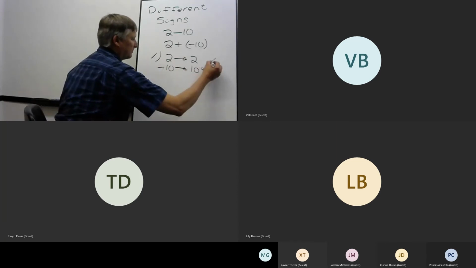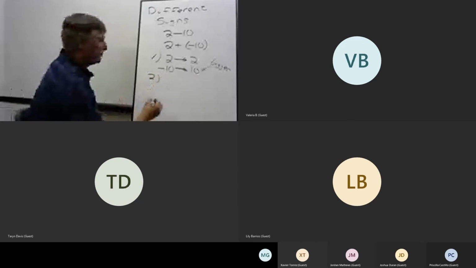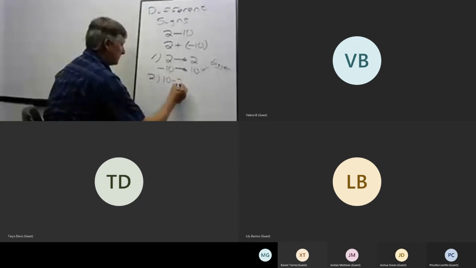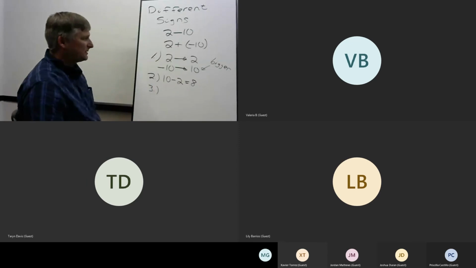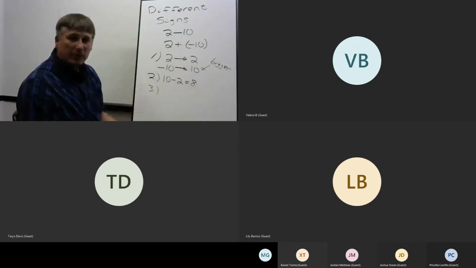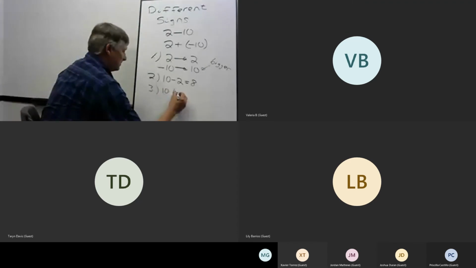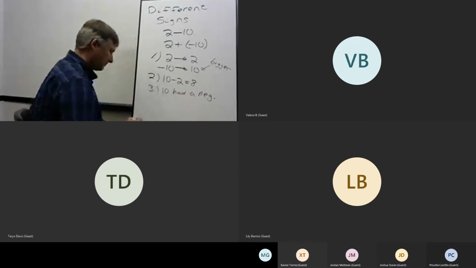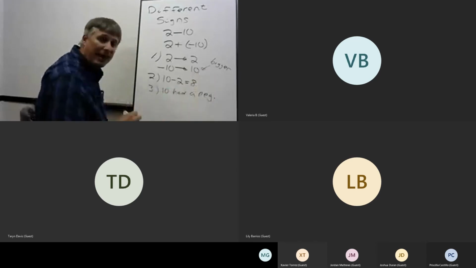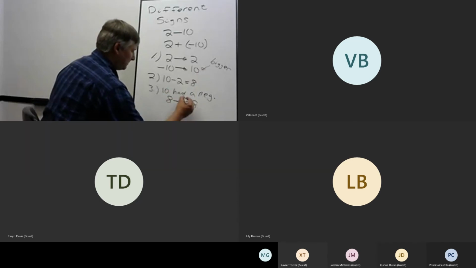And this one's bigger. So we subtract the smaller from the bigger. And since 10 is bigger, we look at the sign that 10 had. 10 had a negative. So that means our answer is going to be negative. So 8 becomes -8.